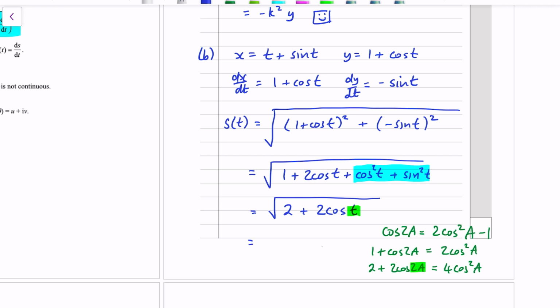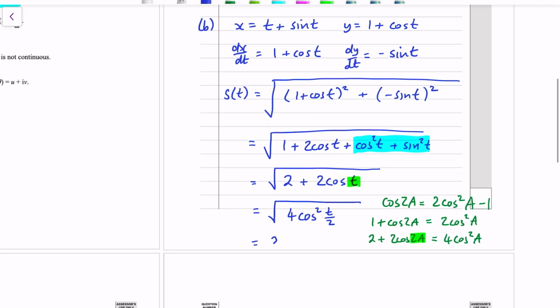So I can square root 4 cos squared t over 2, and write that as 2 cosine t over 2. Assuming that cosine of t over 2 is positive, otherwise we need absolute value symbols there.